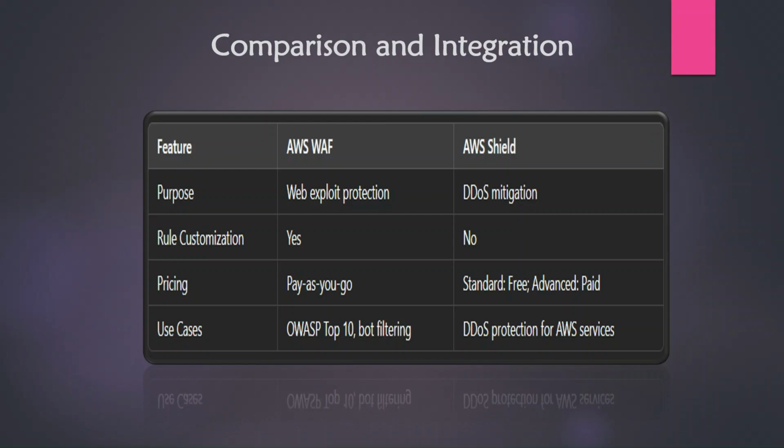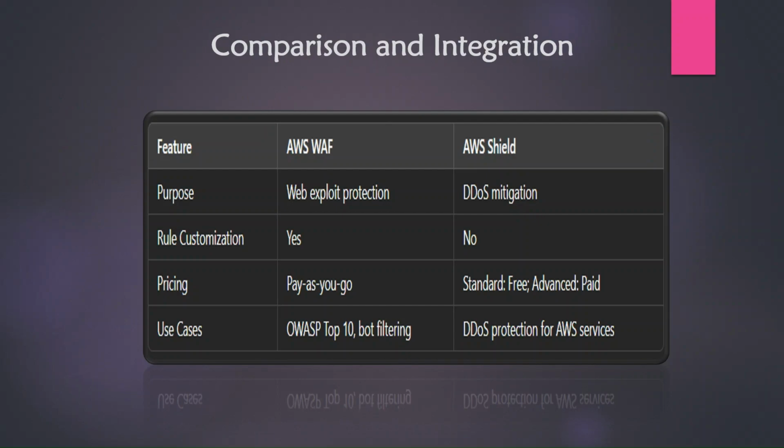AWS WAF allows users to create custom rules to block, allow, or count specific requests based on factors like IP addresses, HTTP requests, query string parameters, and more. AWS Shield has no rule customization; it does not allow direct customization of attack detection or mitigation methods. Shield Advanced provides enhanced DDoS detection and support, but the actual protection is automated.